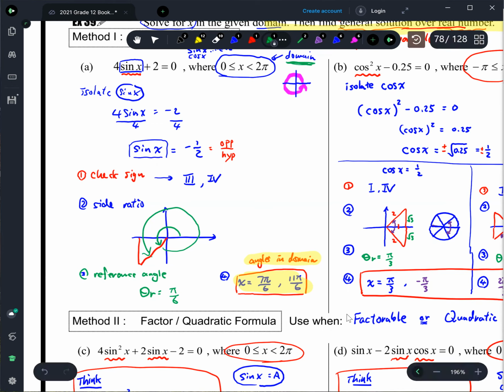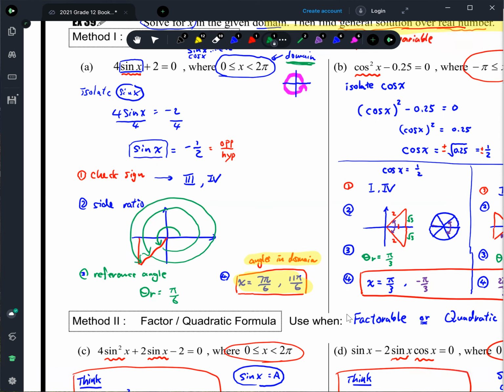Add another 2 pi, and that angle will also give you the same ratios. Or you could subtract 2 pi. So it's always by a multiple of 2 pi. You always add a circle, and you get to the same place. Then you can have an infinite number of angles that will always have the same ratio of negative half.